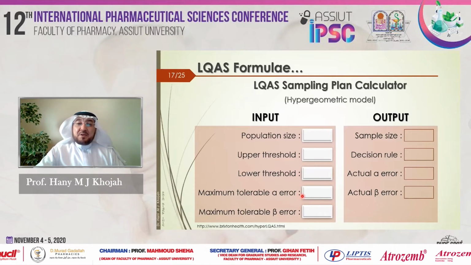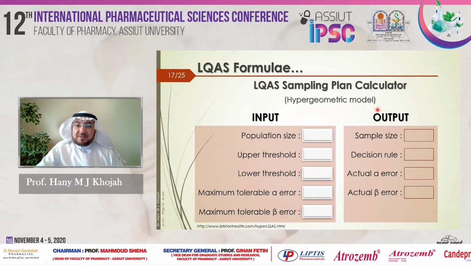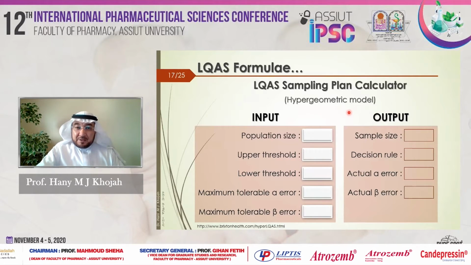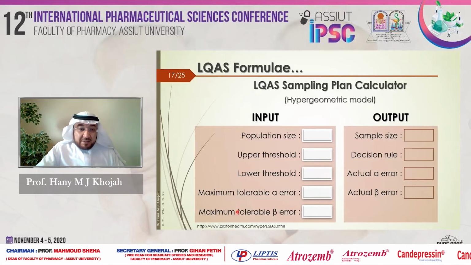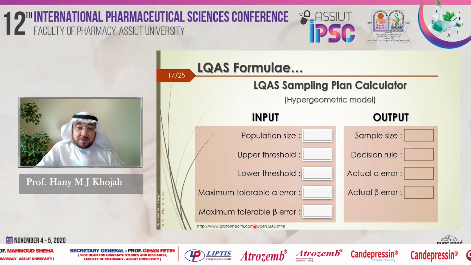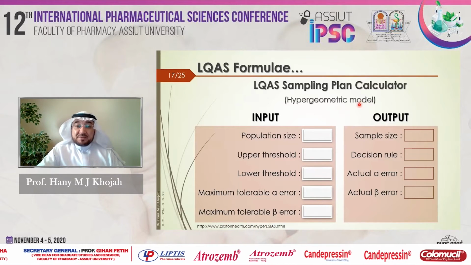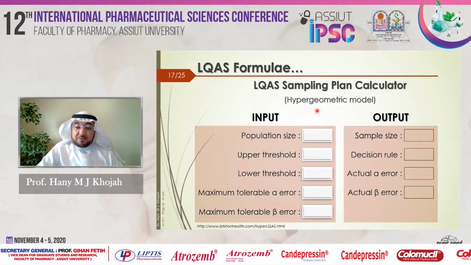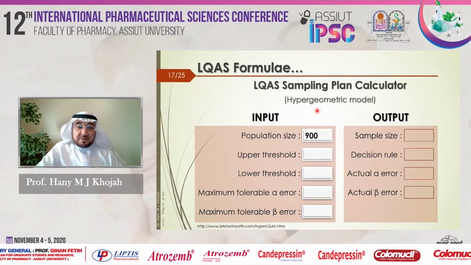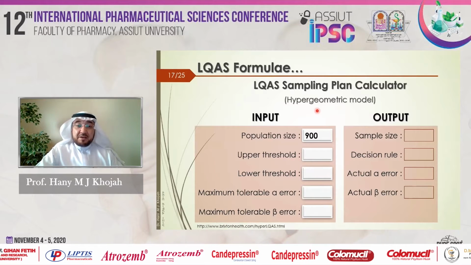This is an example of the LQAS calculator. You can find several online calculators, like the Brixton Health calculator here for the hyper LQAS, the hypergeometric model of LQAS. What you need to do is enter the population size, let's say 900 pharmacies in this city or the geographic area.